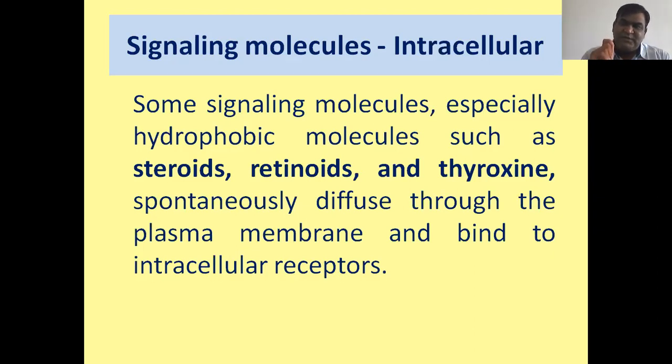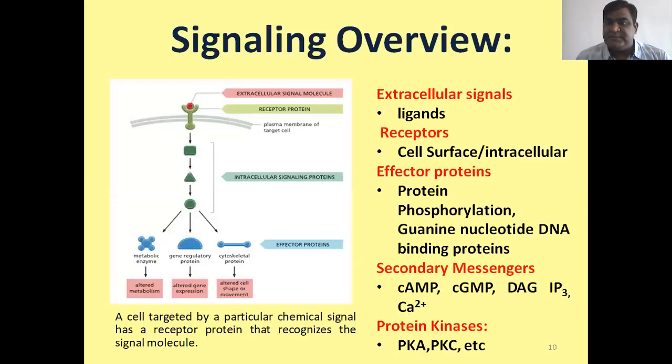So they may pass through the lipid membranes of the cell without any problem, and they can enter into the cell. Obviously, such ligand molecules will have intracellular receptors present in the cytoplasm, and in some cases even in the nucleus of the target cell. And that is why questions are being asked on this particular aspect. We will be discussing such examples in the later part.